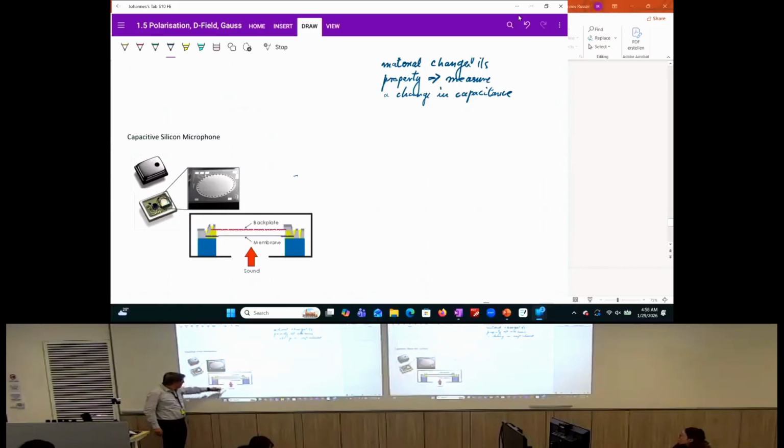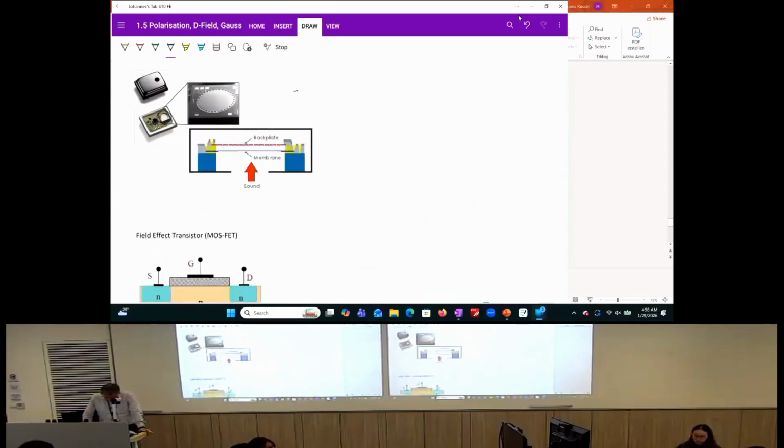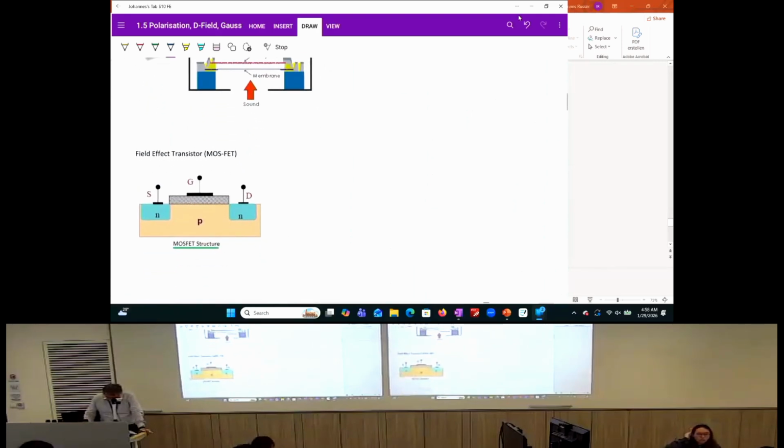As you have some pressure wave entering here, the membrane is deflected, and the separation changes between this membrane and the backplate, and inevitably the capacitance changes. So the capacitance change is an immediate indicator for the pressure wave, so you can use it to capture the sound.